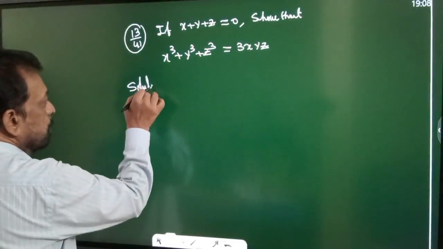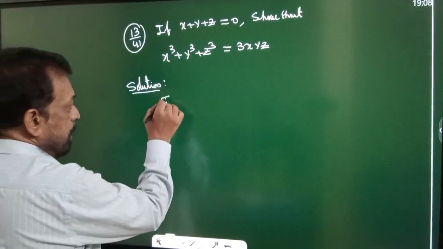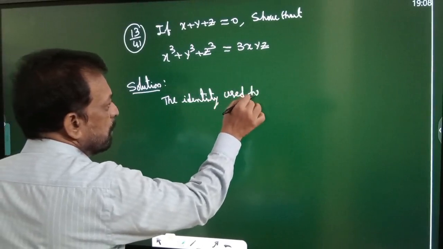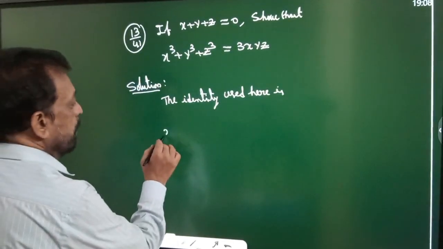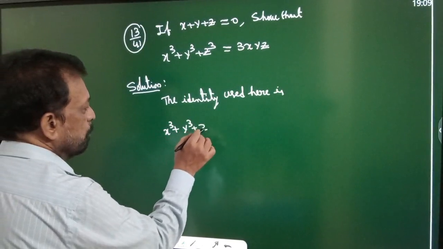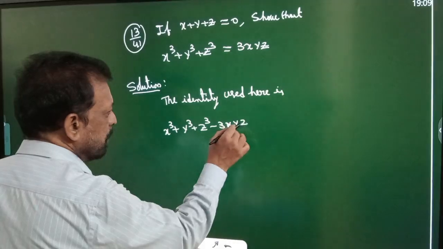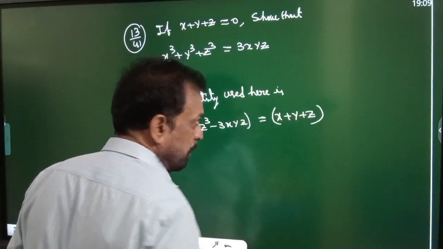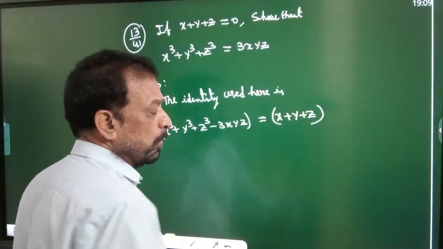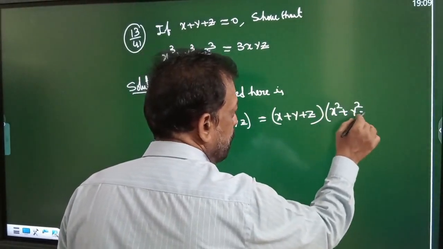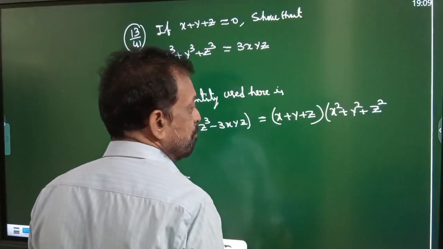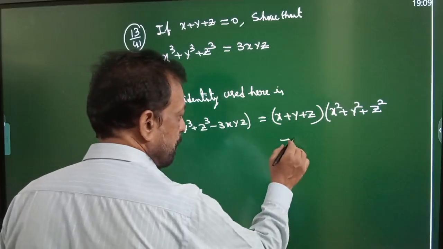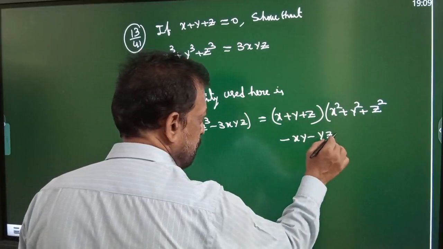Solution. The identity used here is this formula: x cube plus y cube plus z cube minus 3xyz is equal to x plus y plus z into x square plus y square plus z square minus xy minus yz minus zx.